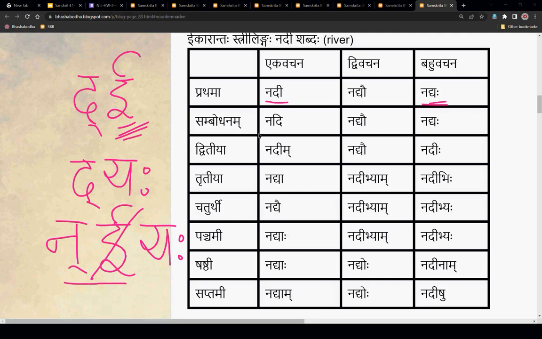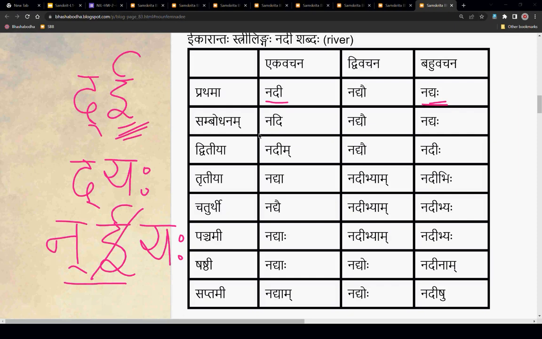Other examples, Bhavati is also exactly the same as Nadi. Bhavati, Dvivachanam becomes Bhavatyau, Bahuvachanam Bhavatyaha. Bhavati ka, which we have done before, right?